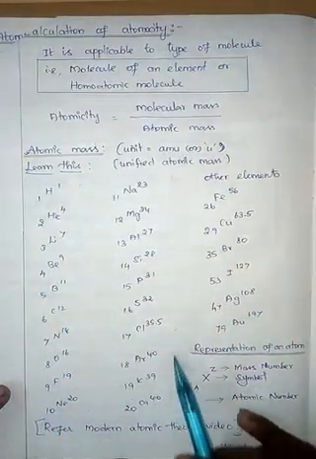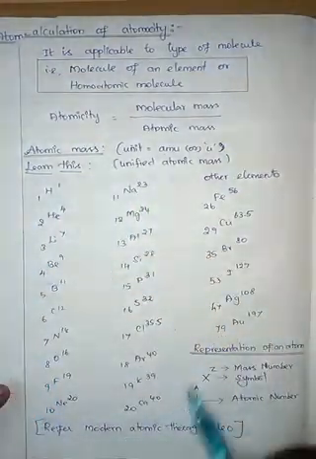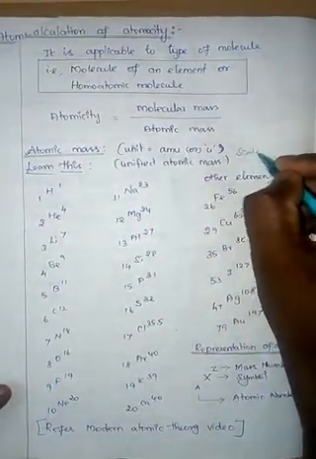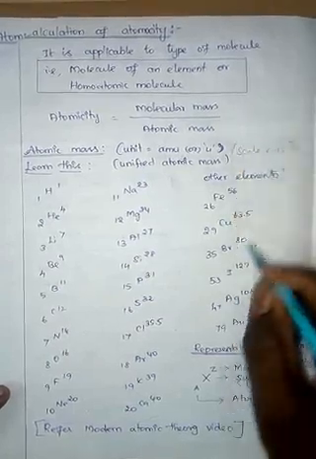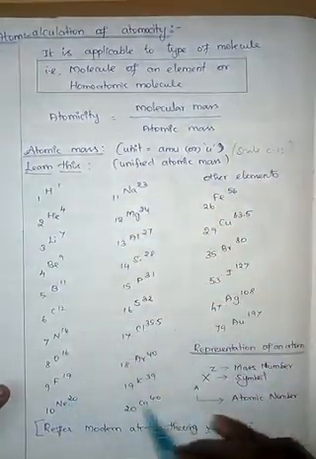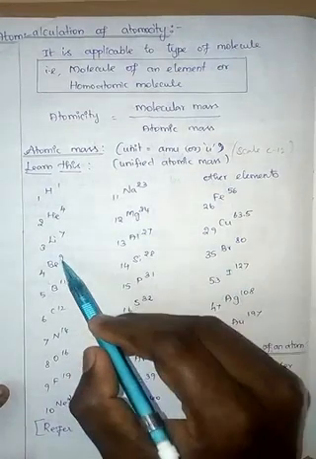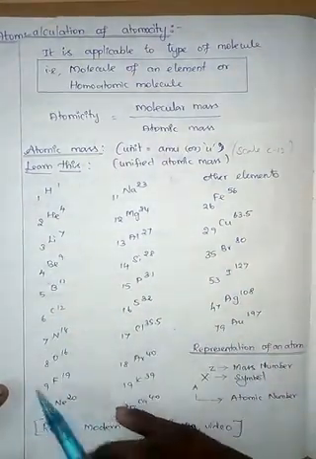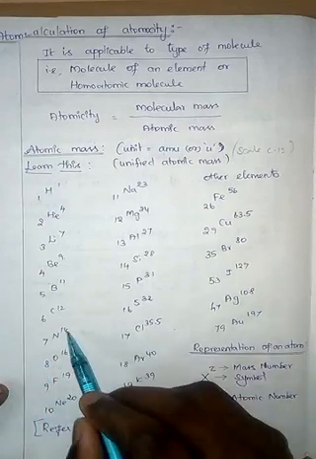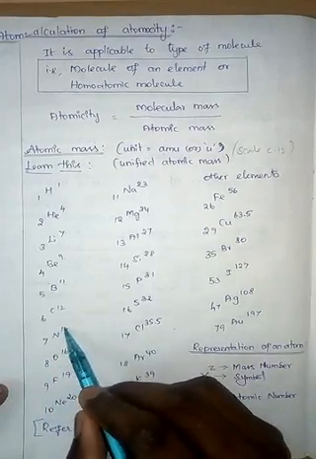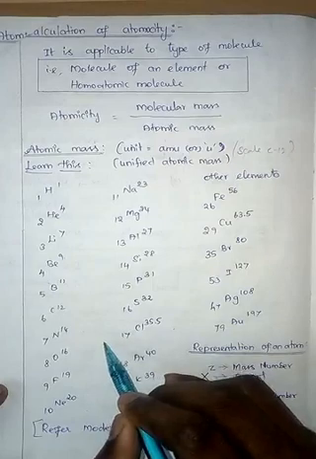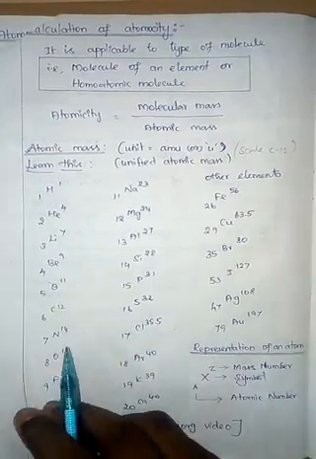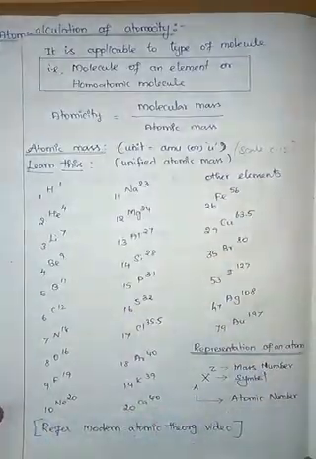All these 20 elements are based on the carbon-12 scale. As per this scale only I have given these numbers: 4, 7, 9 for beryllium, 11 for boron, 12 for carbon, 14 for nitrogen. So I can definitely say nitrogen is 14 times heavier than 1 by 12th of the mass of a carbon-12 atom. So we are comparing it. It's worth knowing.